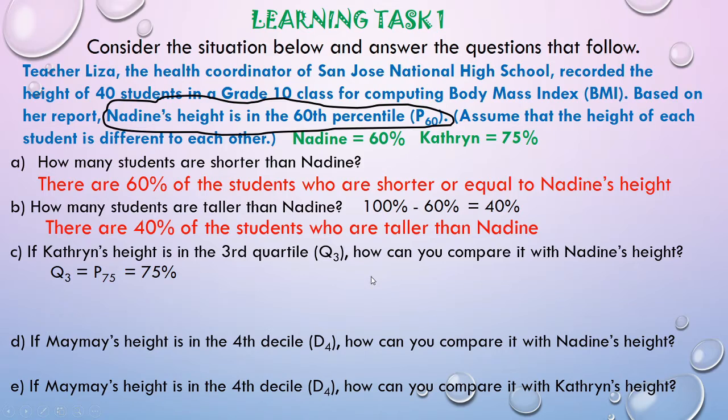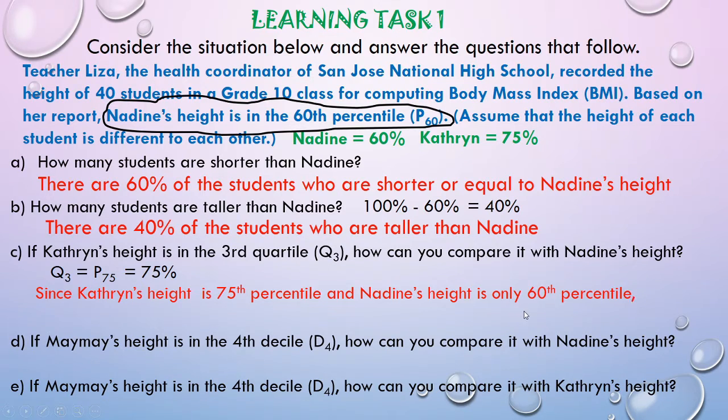I-compare natin yung dalawa. Nadine has 60%, Katrine has 75%. Katrine's height is 75th percentile and Nadine's height is only 60th percentile. That means Katrine is taller than Nadine.